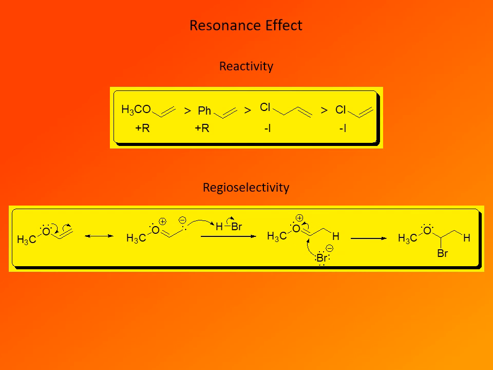So protonation occurs on carbon away from oxygen, so that resulting carbocation is stabilized through resonance with oxygen, or formation of oxonium ion. And then carbon that is bonded to oxygen reacts with nucleophile to form bond with bromine. This reaction is highly regioselective and only one product is obtained.